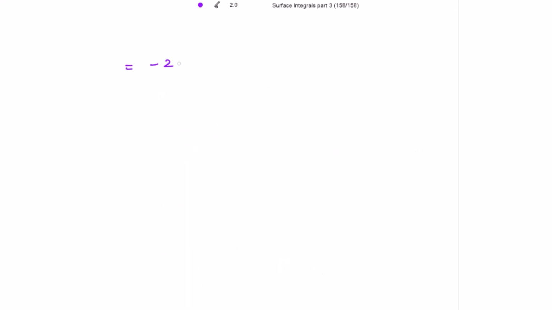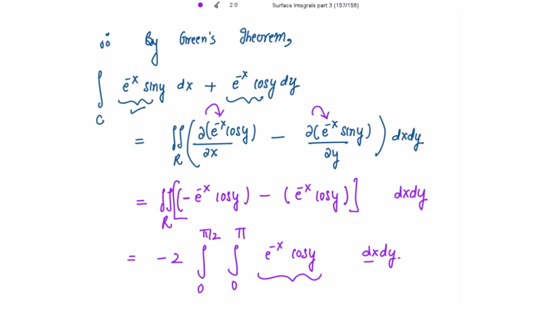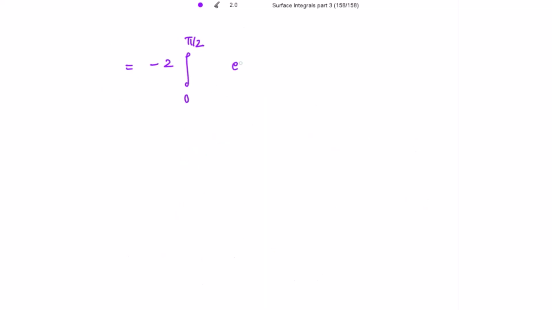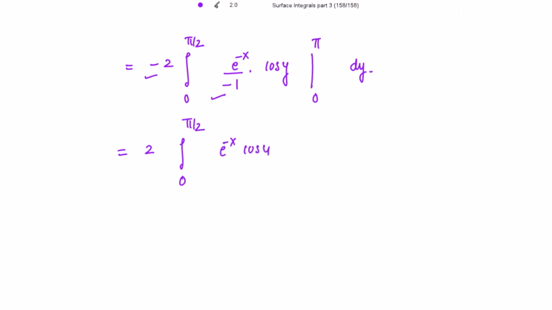So we get minus 2, the integration from 0 to pi by 2, and the integration of e to the power minus x will be e to the power minus x divided by minus 1, into cos of y with limits from 0 to pi, and here I am writing dy. Managing these two signs, that becomes positive, from 0 to pi by 2, e to the power minus x cos of y with limits from 0 to pi, dy.